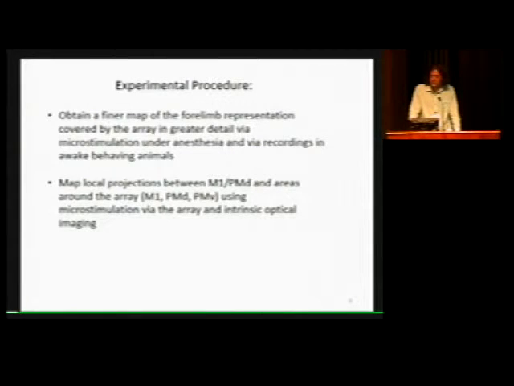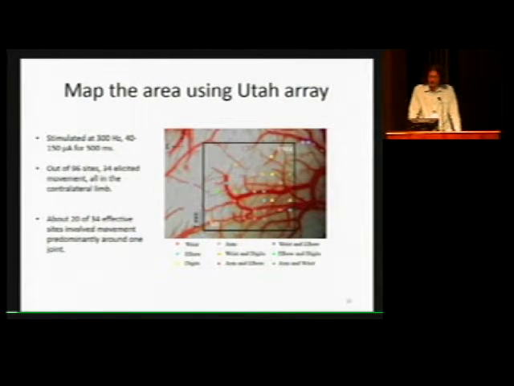Then we map local projections between primary motor regions and premotor regions around the array using microstimulation and intrinsic optical imaging. Here are the results for mapping the area using the Utah array.